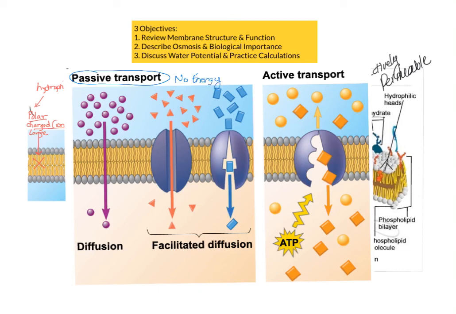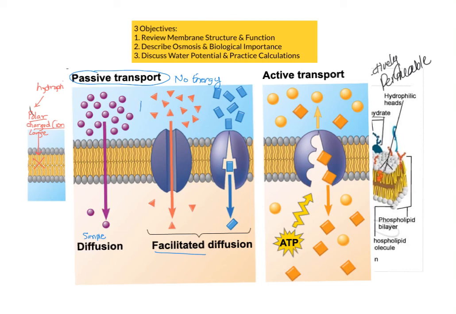And whether this is simple diffusion or facilitated diffusion, the reason this doesn't take energy is because the substance is going to be moving in a direction that it prefers energetically to move.